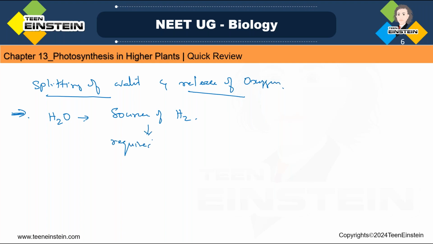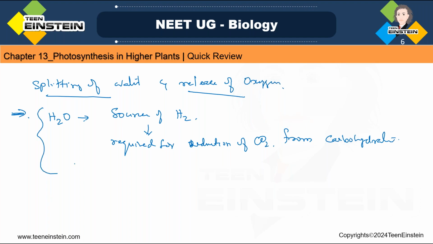This is required for the reduction of carbon dioxide to form carbohydrate. Okay, so here you are getting 3 points. Water is the source of hydrogen, and this hydrogen is required for the reduction of carbon dioxide, and that forms the carbohydrate.